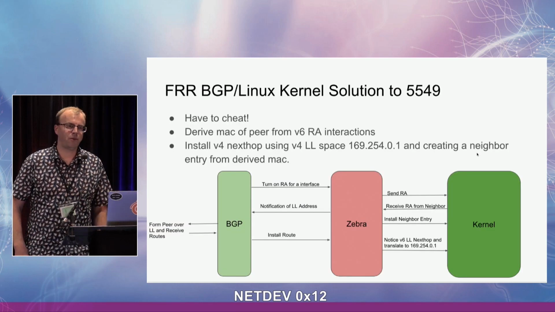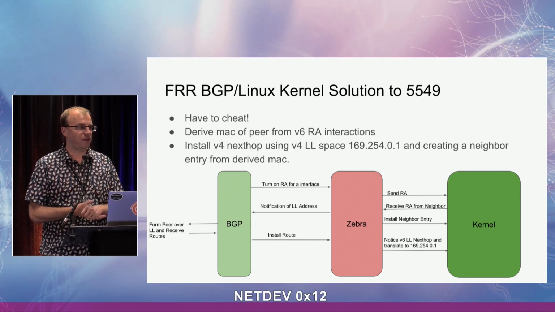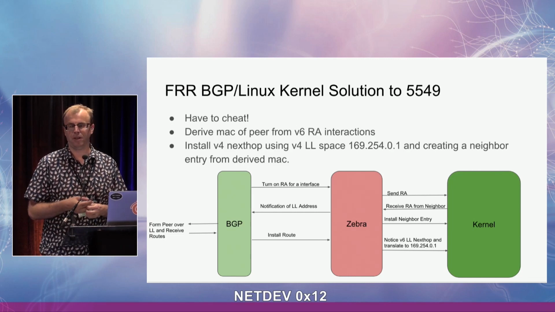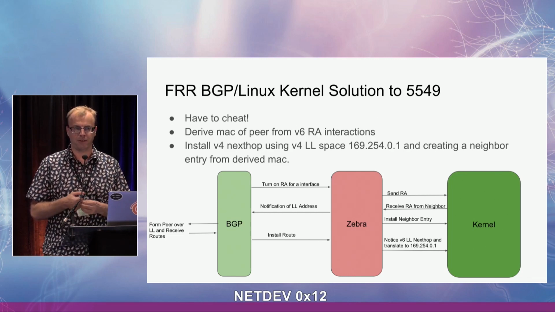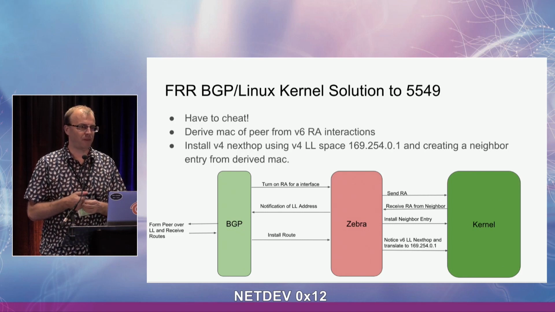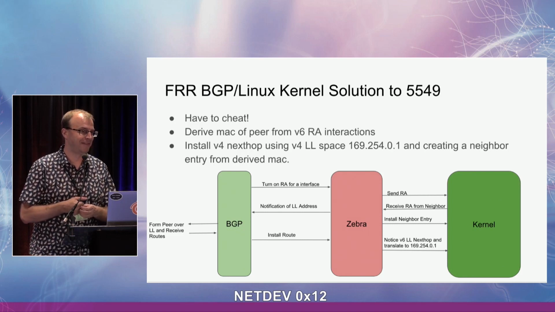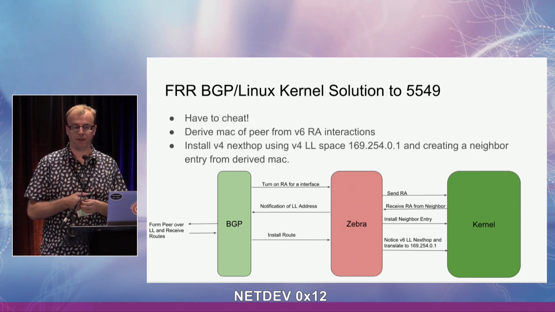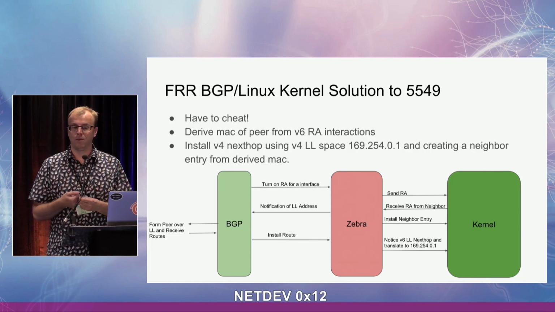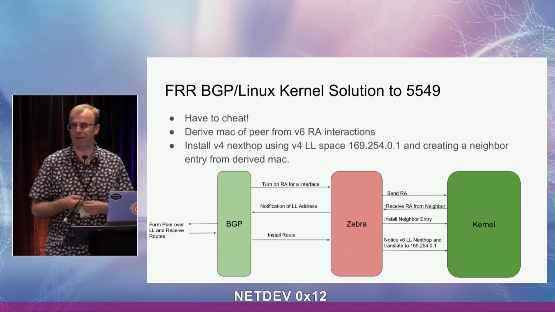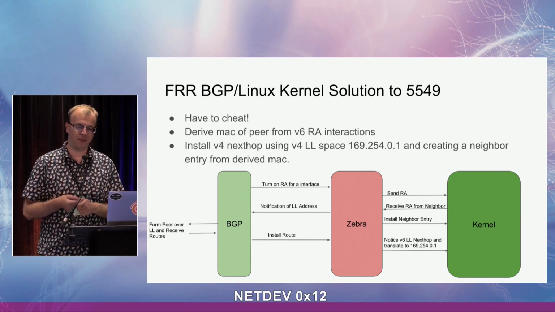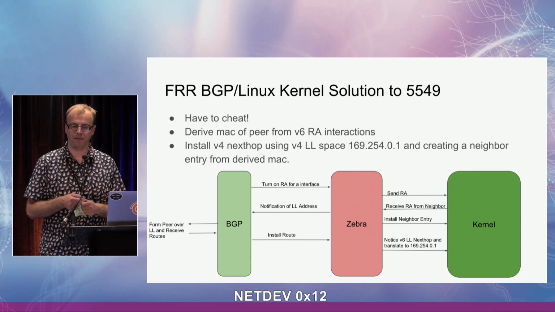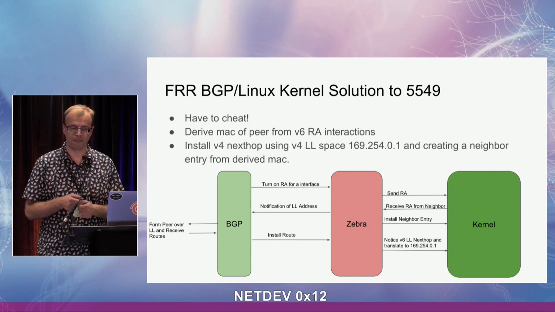All right, so unfortunately, the Linux kernel does not really allow you to do V6 next hops currently. It's something that's coming, right, Rupa? Soon. So how does it work? We have to actually cheat. We have to derive the MAC address of the peer via V6 router advertisement.